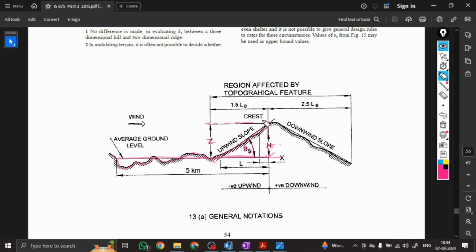This is the crest value, here it is 1.5 LE, 2.5 LE.